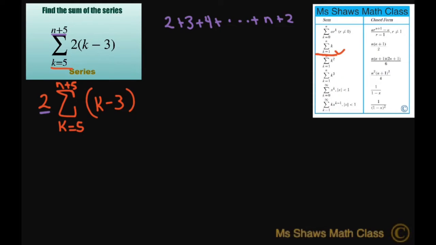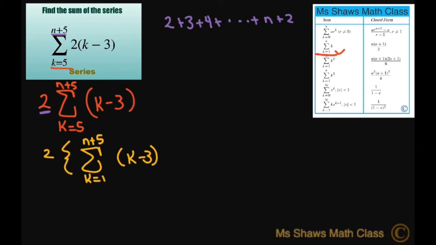Now, in order for me to use my formulas, what I'm going to do is write this as, and again, I'm kind of not looking at the 2 right now. I'm going to write 2 times, and I want to start with k equals 1. So if I start with k equals 1 to n plus 5, then I'm going to have k minus 3. Of course, that's not the same.